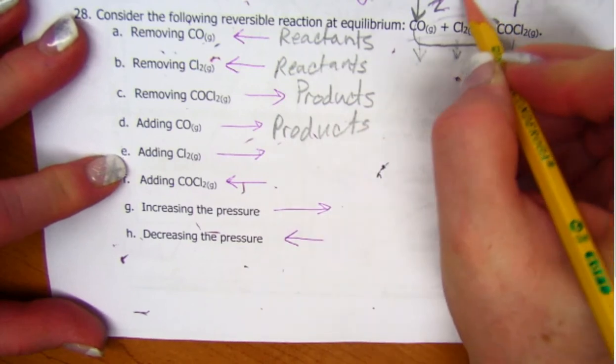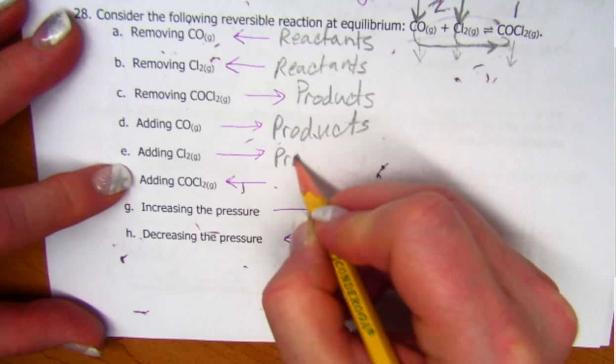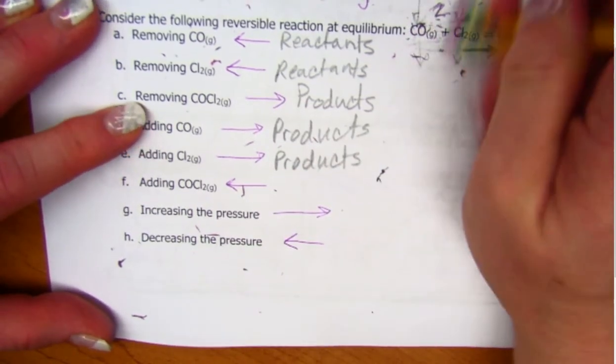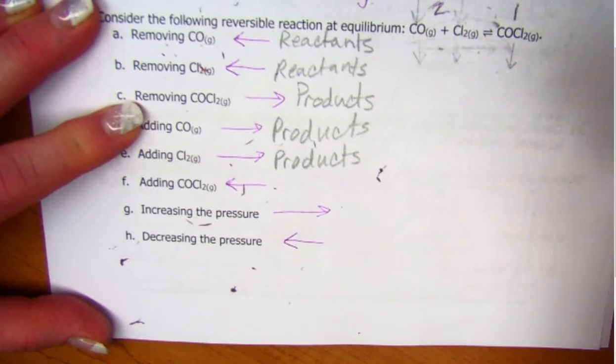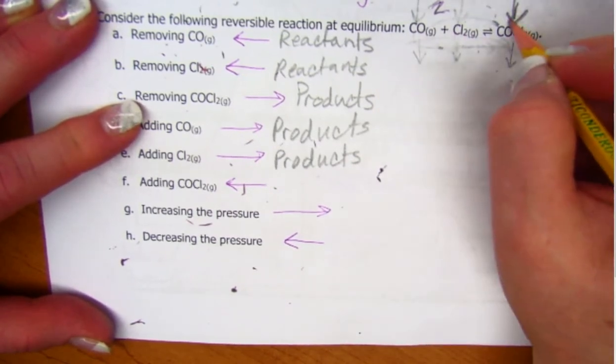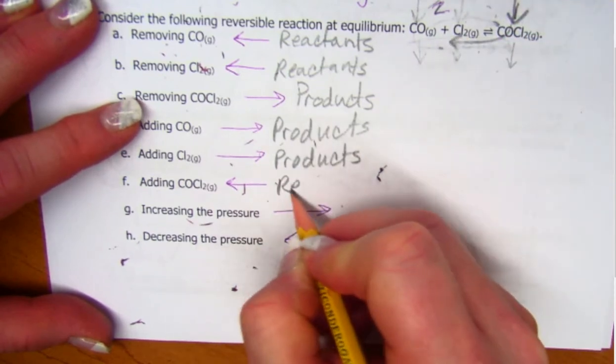Same thing happens when I add Cl2. It's going to go away towards the products. Now, if I take and erase those so they're not in the way, if I add COCl2, it's actually going to go away from that, which makes it go towards the reactants.